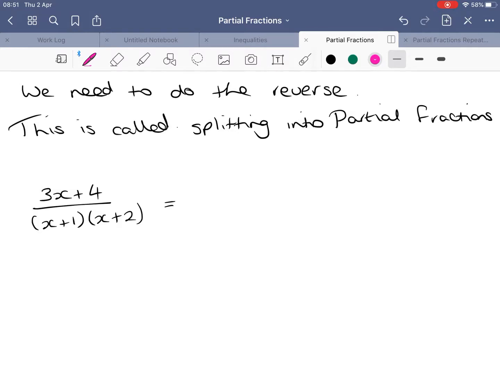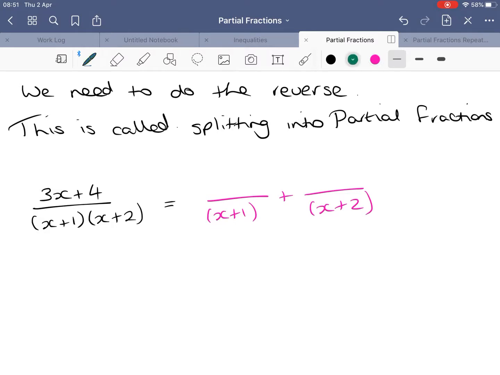So if I look at the fraction I've got here, I've got 3x plus 4 over x plus 1 times x plus 2. So I hope you can see without too much difficulty that the two fractions that would create this, one would have had the denominator x plus 1 and the second one would have had the denominator x plus 2.